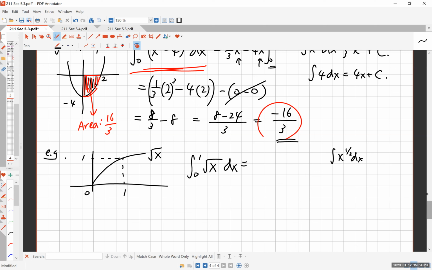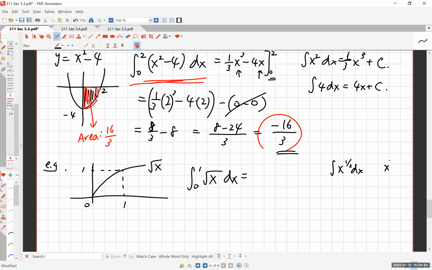So I need something that ends with 3/2, because x to the 3/2, if differentiated, becomes 3/2 times x to the 1/2. In order not to have anything extra, I have to have 1 over this new exponent, 1 over 3/2, or the reciprocal of 3/2. That's 2/3.